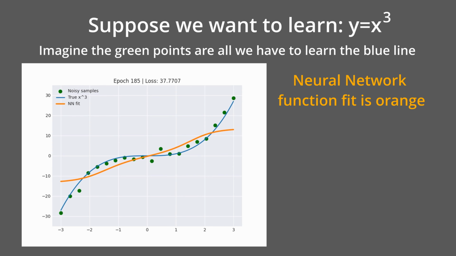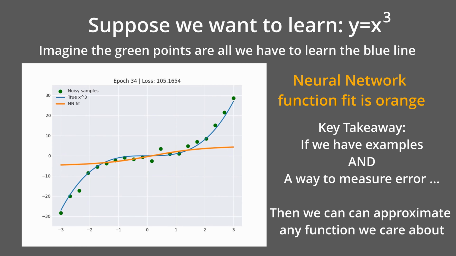We compare its predictions to the real data, then we measure how wrong it is and adjust it to reduce that error. Over time, you can see the network slowly bends itself to match the true function. The most important takeaway is, if we have examples of correct behavior and we have a way to measure its error, we can train a neural network to approximate any function we care about.